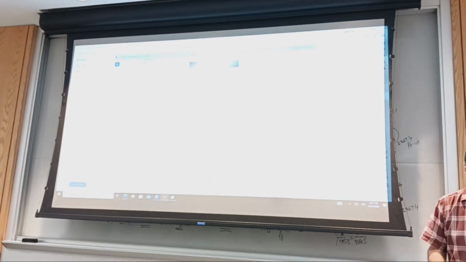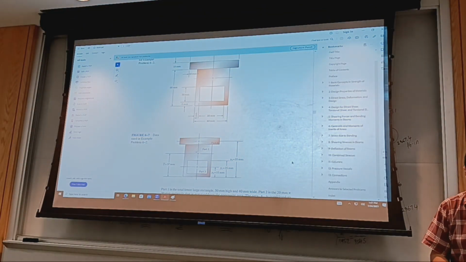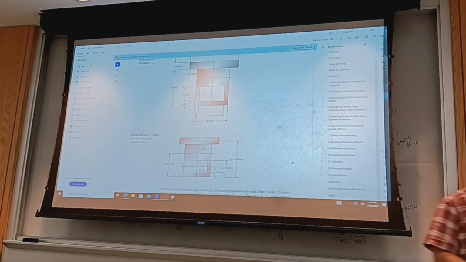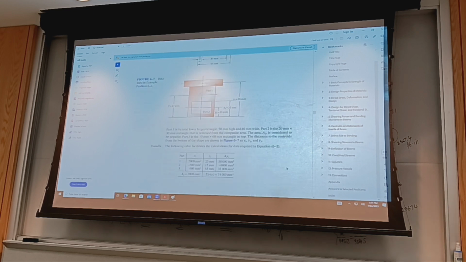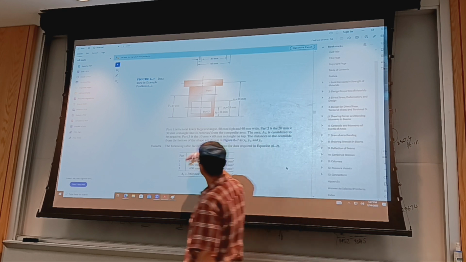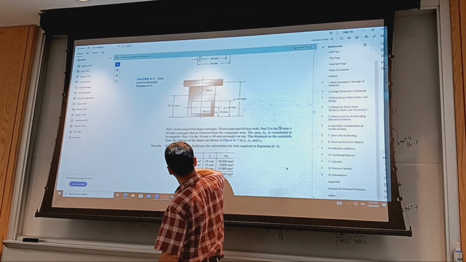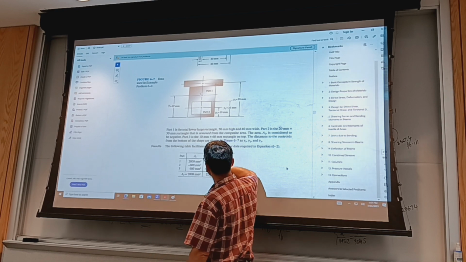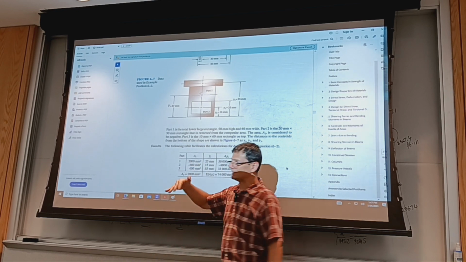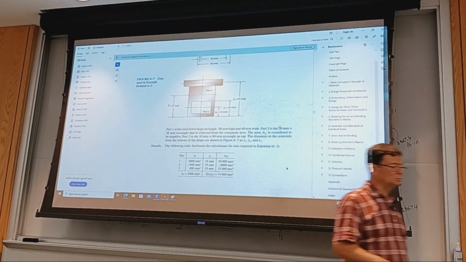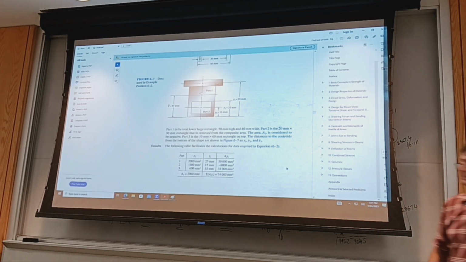Okay, so that will be one part, finding the centroid, and there are some tables that you can use to put your work in a systematic form. So parts 1, 2, 3, area, and then these y_i are distances from what you assume to be a reference axis.